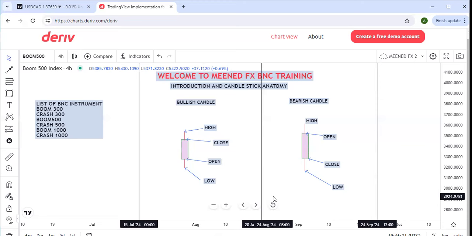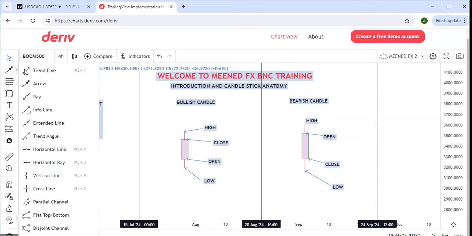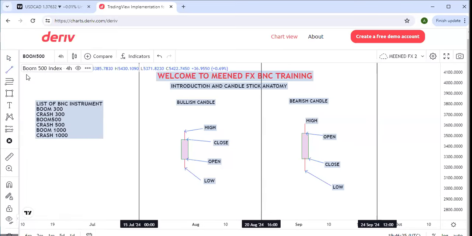Now, you can actually read where I put my low, and that's one of the things you have to pay attention to. The low of the candle is not the close of the candle. Most persons, when they are marking, will just mark somewhere around here and say this is just the close of the candle.